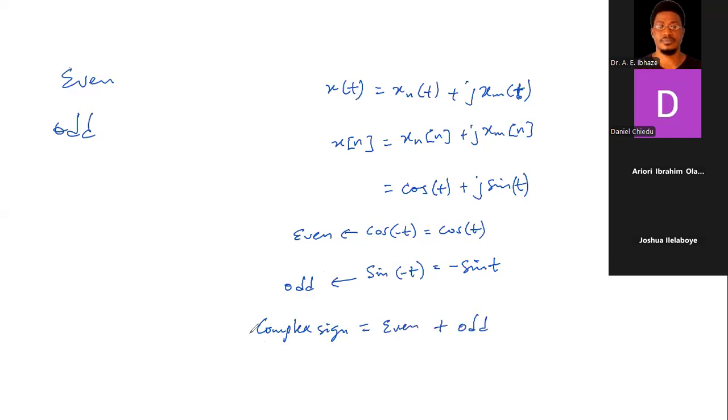And this is how signals exist in reality. The signals we play with come as complex signals because they have the even and the odd component. When you begin to do your DSP, your digital signal processing, you'll come to that.